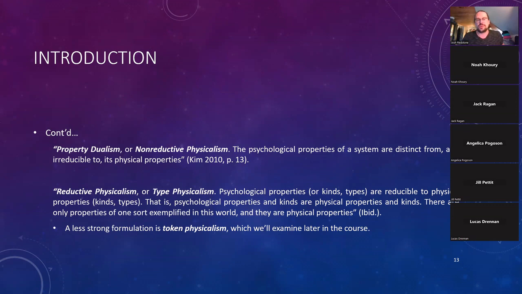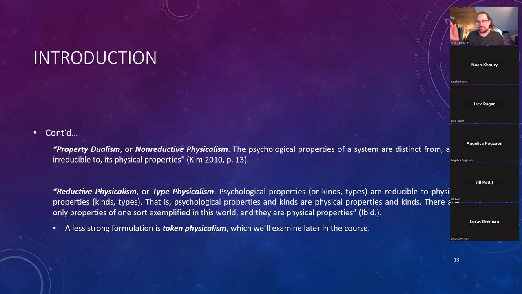And the reason why we do token physicalism instead of type physicalism is that type physicalism doesn't quite work because our brains are all different. I can't have the exact same type of mental state that you have because our brains are different. But if each of us believes that Ottawa is the capital of Canada, then each of us has a token of a type of brain state. So a type is like a kind, and a token is a particular example of that kind.